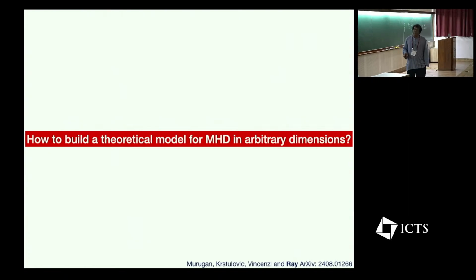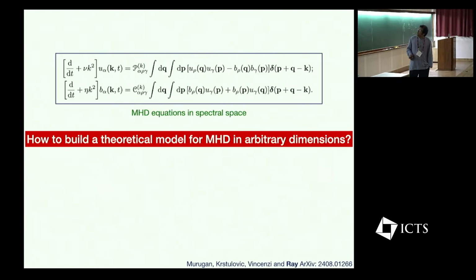All right, so let's go back to the question of how to build these theoretical models. The starting point is that you can write down those same MHD equations I showed you in spectral space.